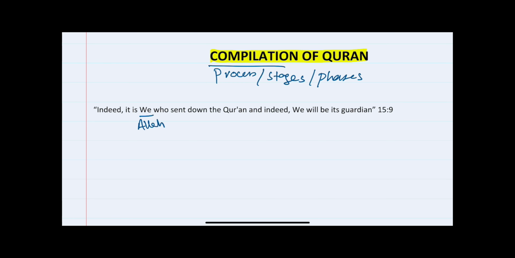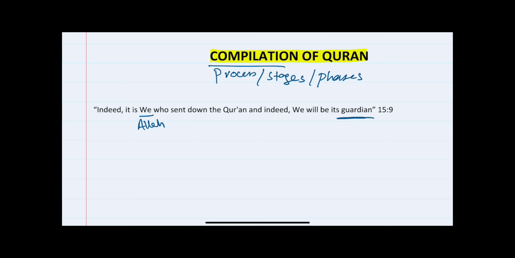Here "we" means Allah. This guardian term means that Allah has secured this, and it was in the plan of Allah that the Quran had to be compiled so it does not get tampered with, does not get misinterpreted, and does not get lost as the previous books have been. This is the reason why the Quran has been compiled.